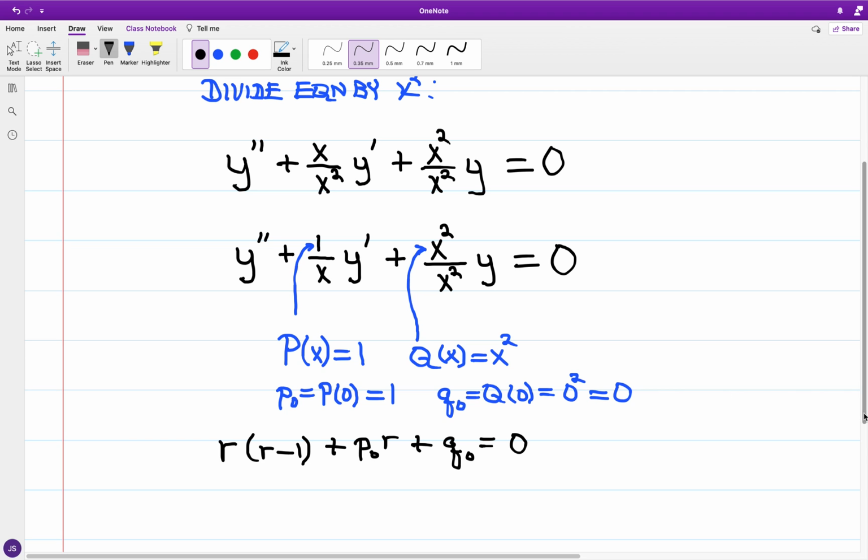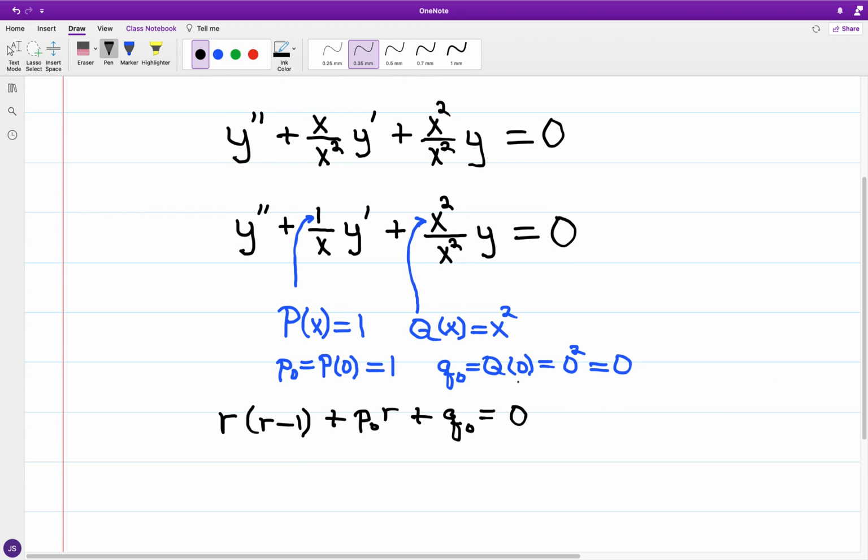Again, p naught is 1 and q naught is 0. So you have r times the quantity r minus 1, plus r. Q naught is negligible.